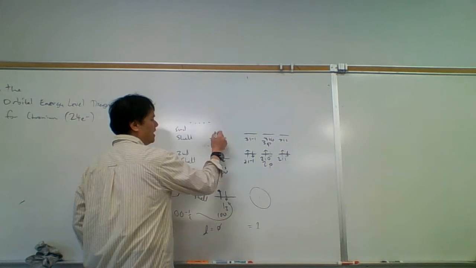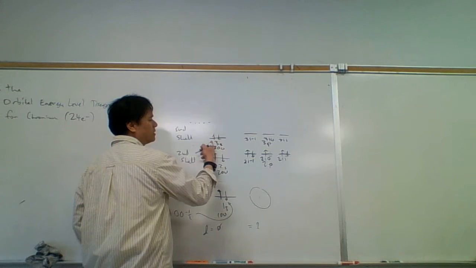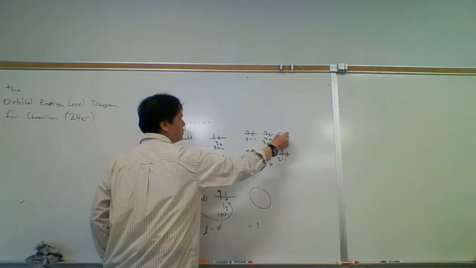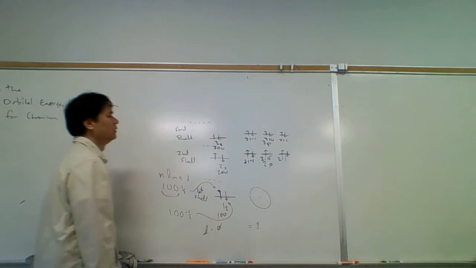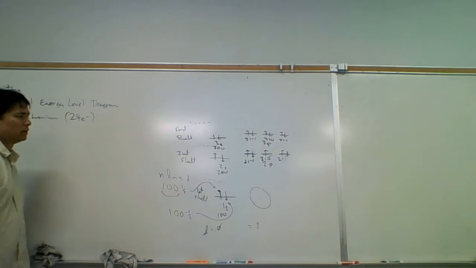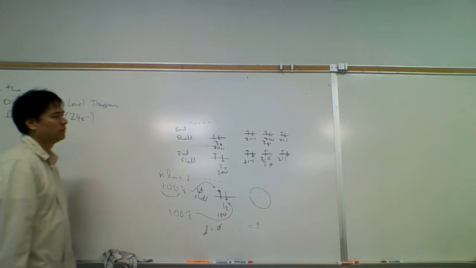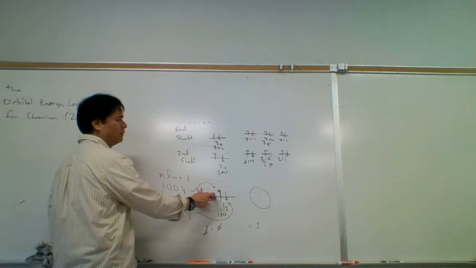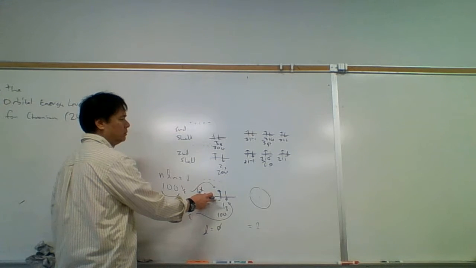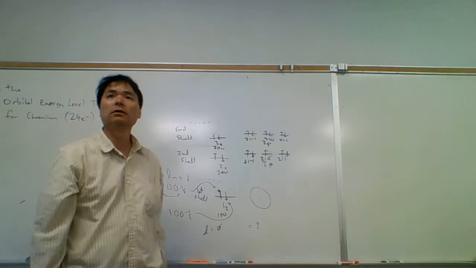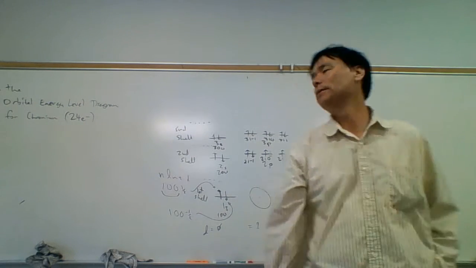Well, it'd be the same because we got 2 for the S, and then 1, 2, 3, 4, 5, 6, 7, 8. 8 electrons there. 2, 4, 6, 8. And so now we're up to, how many electrons do we have? 2 plus 8 is 10, plus 8 is 18 electrons. We got 18 electrons up to here.